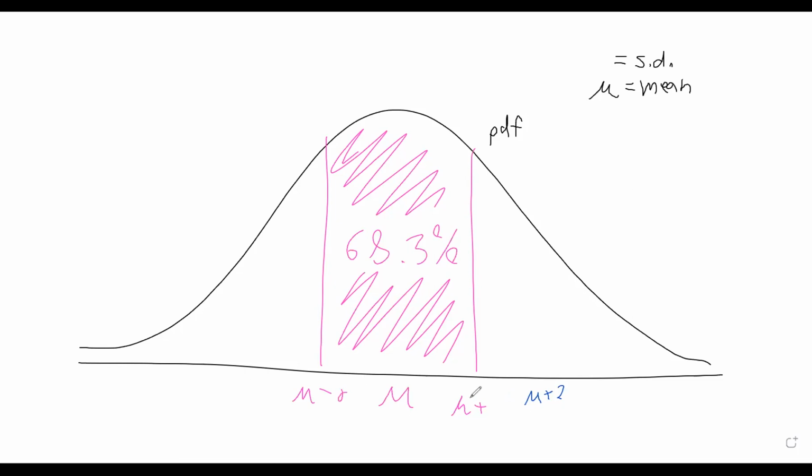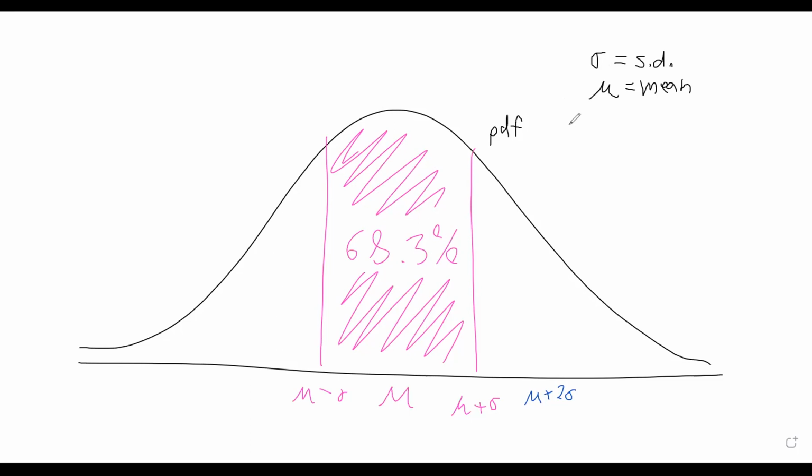Mu minus sigma, mu plus sigma. So sigma is the standard deviation, mu is the mean. Okay, so if you're at most one standard deviation from the mean, 68.3% of the area under the curve is within one standard deviation from the mean.